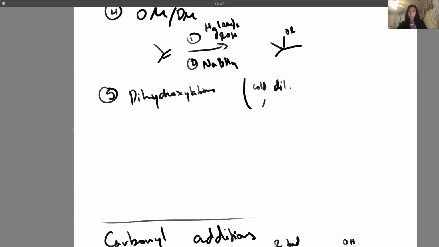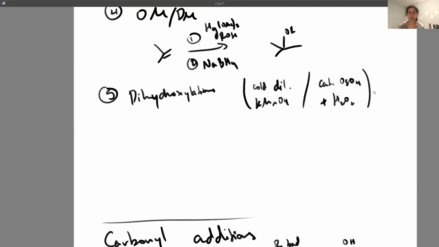That is a good choice. There's another one. What else? Catalytic OsO4 and H2O2. Yep. Both good options, perfectly fine. Use either one. Again, you don't need to be creative. You just need to know one.